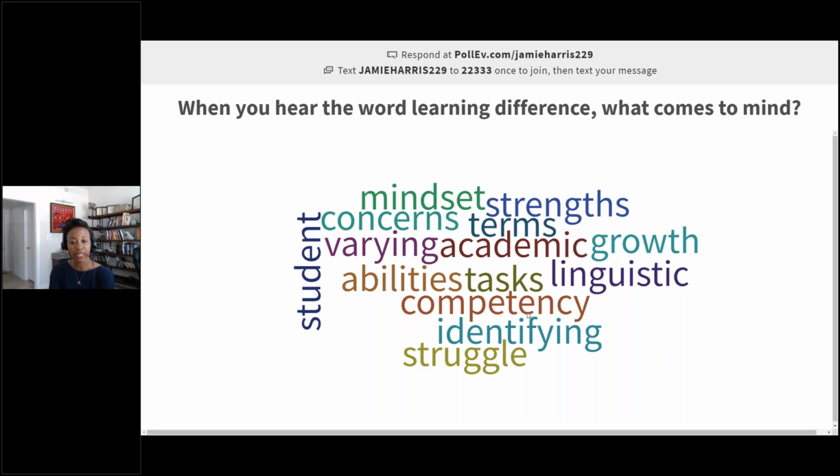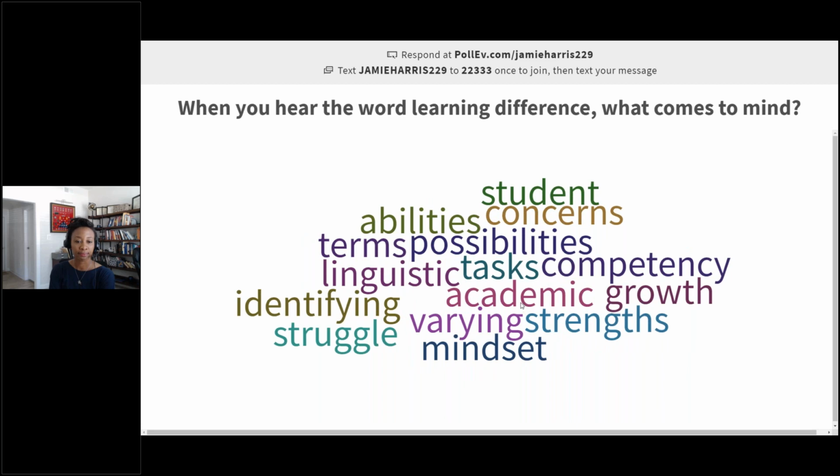Students, competency, possibilities, linguistic. In the questions box, we also have from Autumn, styles. Wow, these are great words. Perseverance from Anna. Linguistics from Martha. Cultural background from Bishnu. That's a very interesting point you've made, Bishnu, and I'll share why that's interesting later. Janice put dyslexia.